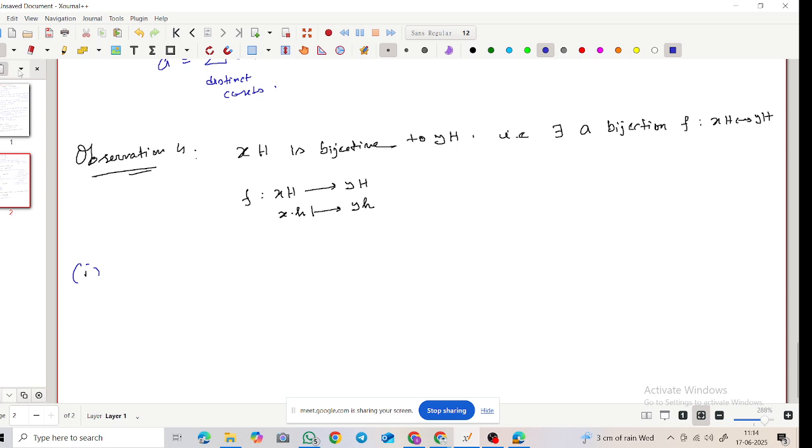What I wrote was enough. x equals x', so f(xh) will be equal to f(x'h).